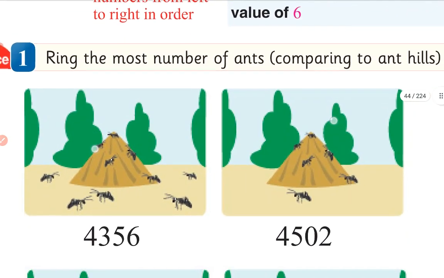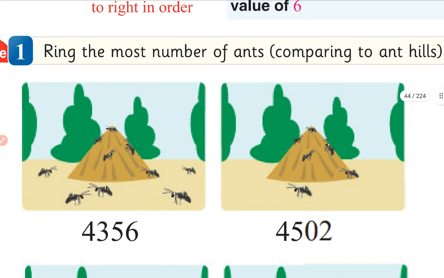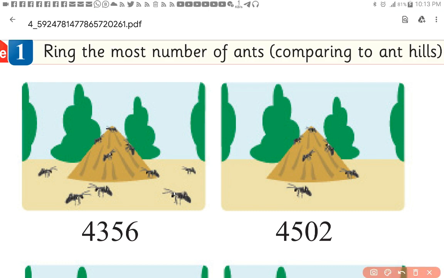Ring the most number comparing. The first one 4,356. The second 4,502. Count the number of digits 1, 2, 3, 4. And the second number 1, 2, 3, 4 also.